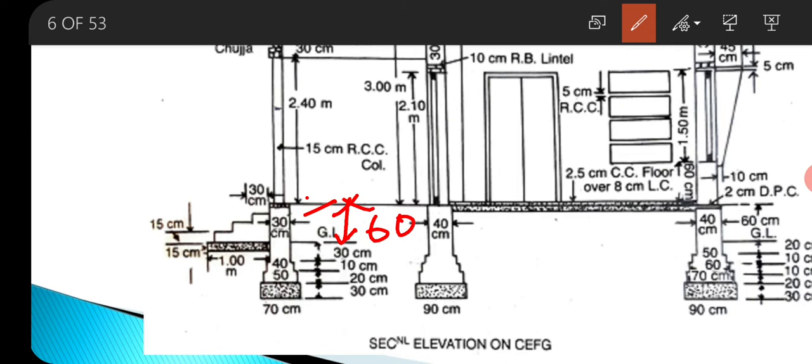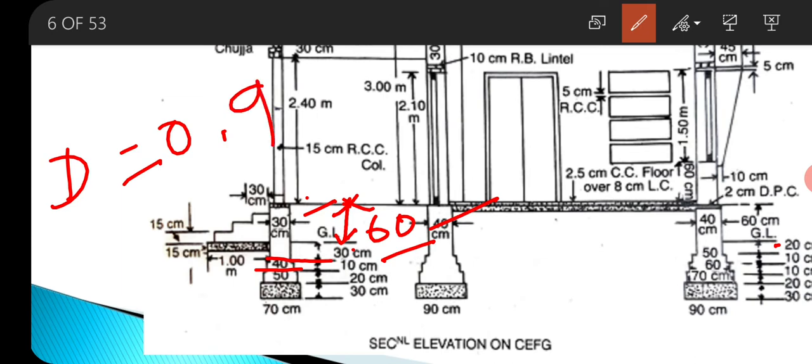See here, from floor to the ground level it is 60 cm, and the same here, from the floor to the ground, because it is constant. So that is 60 centimeter. Then below 60 there is a 30 centimeter depth. So we add the total depth for the plinth wall: 60 plus 30, that is 90. So depth becomes 0.9. Clear?